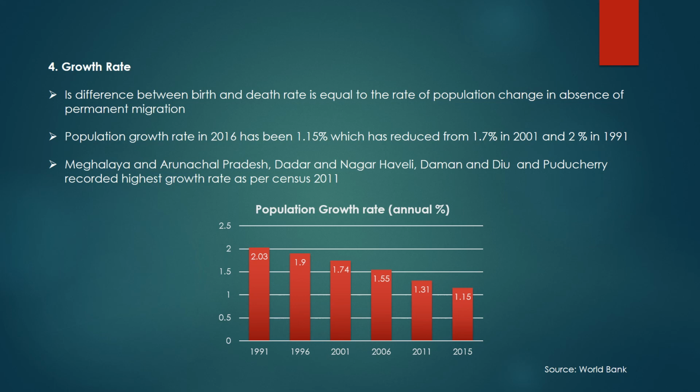The population growth rate as per the World Bank data has reduced to 1.15% in 2016 compared to 1.7% in 2001 and 2% in 91. States like Meghalaya, Arunachal Pradesh and union territories like Dadra and Nagar Haveli, Daman and Diu and Puducherry recorded the highest growth rate of population as per census 2011.